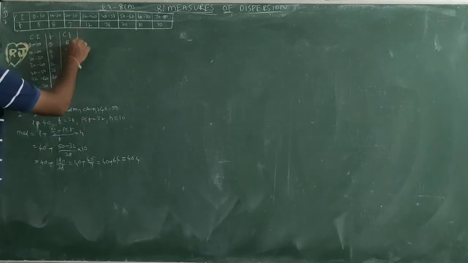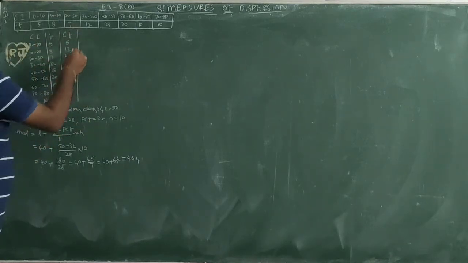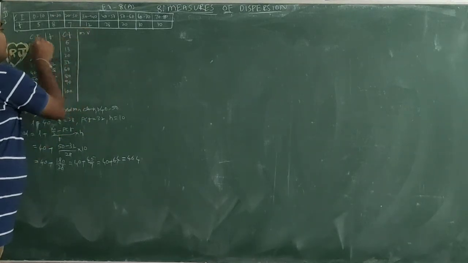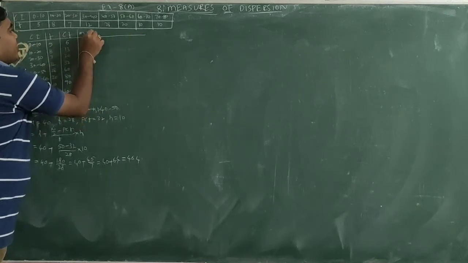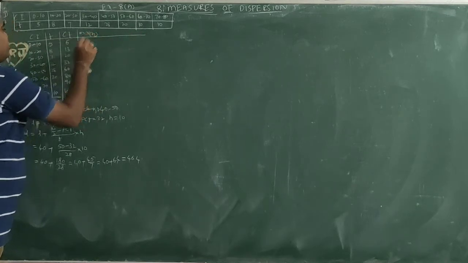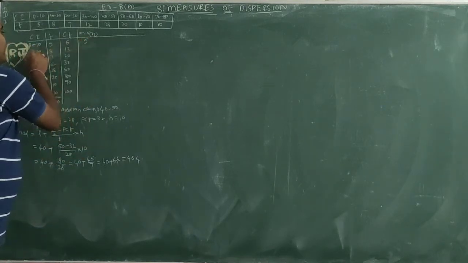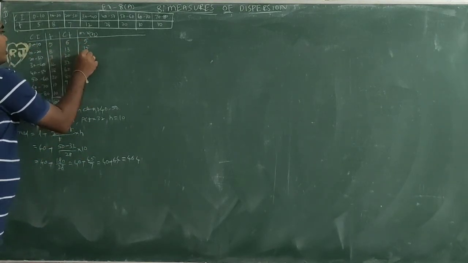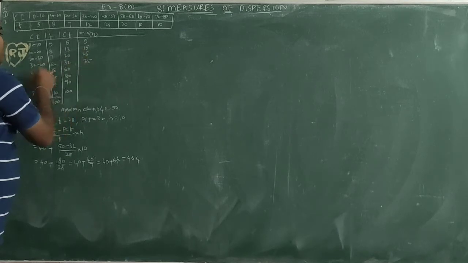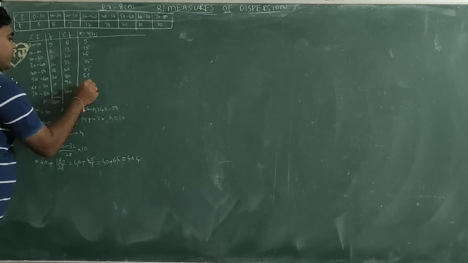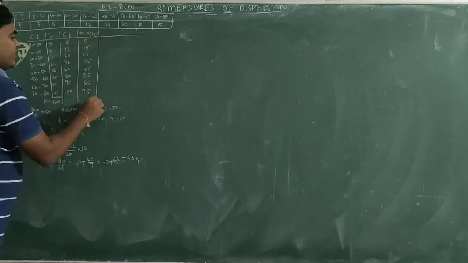Now I take the mid values xi of the class intervals: 5, 15, 25, 35, 45, 55, 65, 75.